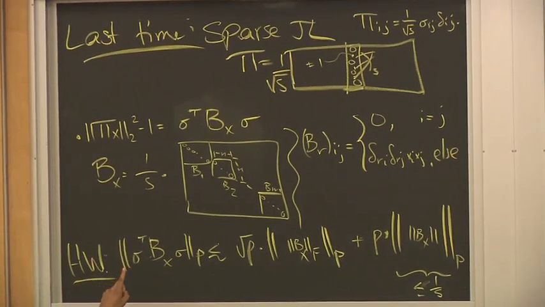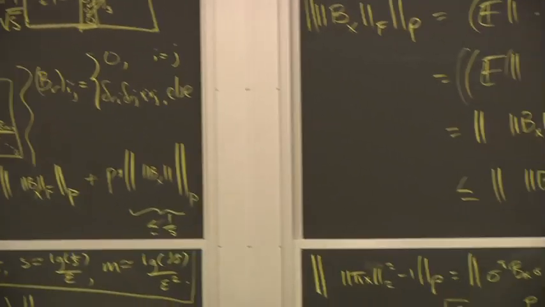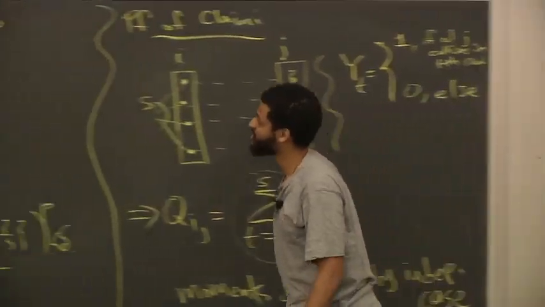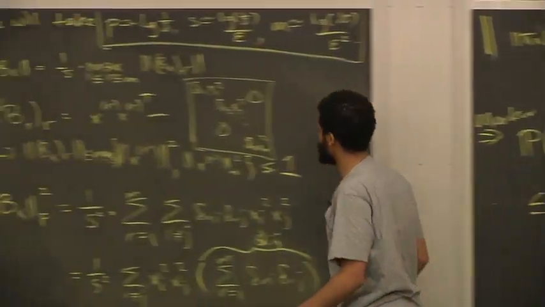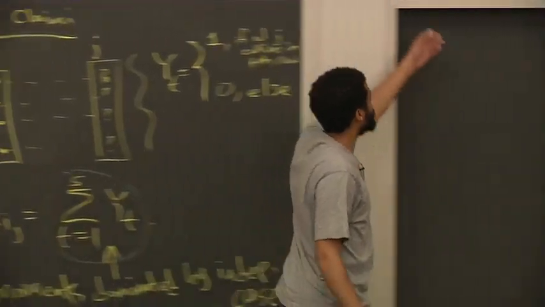If we had expected S, basically this B_x matrix wouldn't have zero diagonal otherwise. Let me write it here.